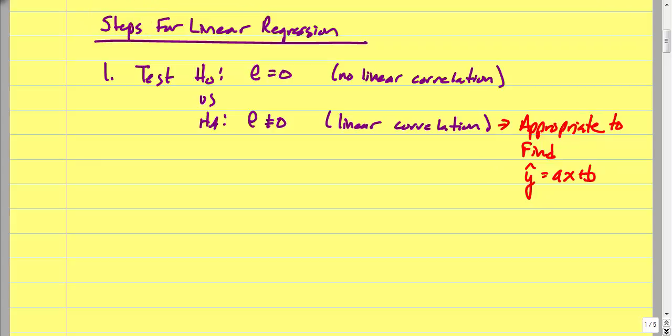Second step we would look at is simply just to enter the data. And usually we have L1 and L2 that we're looking at. Third step is to calculate our regression line, and I'll show you the calculator steps real quick.